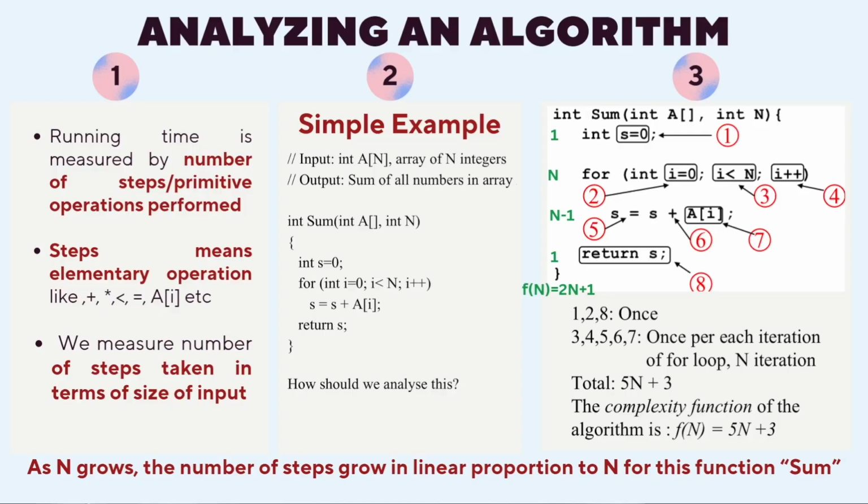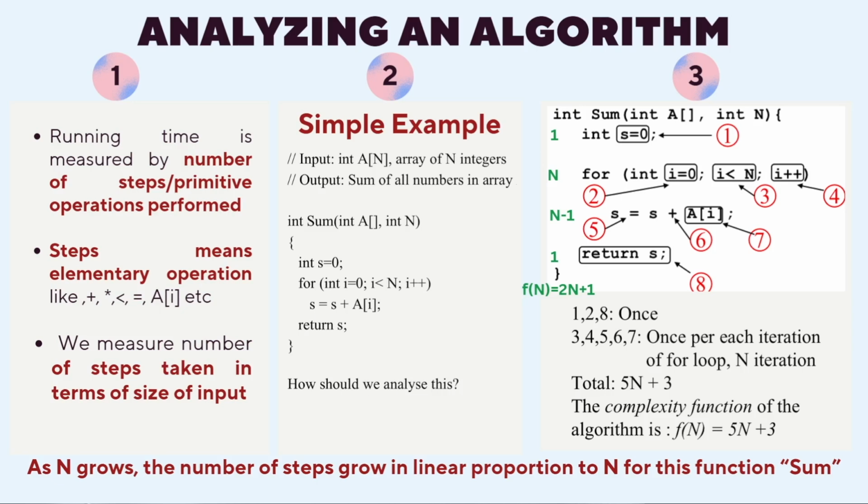Why do we say the for loop is getting executed n number of times? Because n minus 1 times the loop condition would be true, and the last time the loop condition would be false. So it is n minus 1 plus 1, which is n. Whatever statements are present within the loop will get executed exactly n minus 1 times, so we say that the statement within the loop has n minus 1 steps.